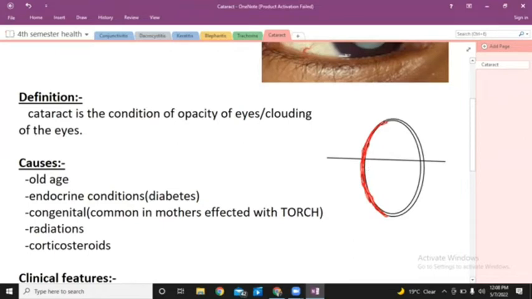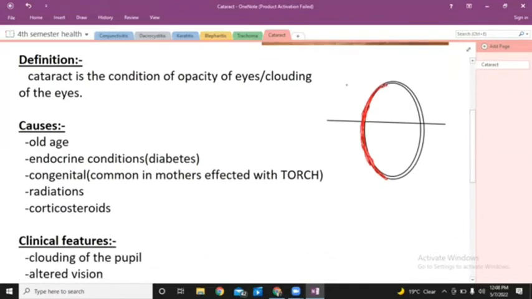So this is the actual pathophysiology of cataract. This is the injury or trauma to these epithelial cells, due to which it forms an opacity and blocks the vision. So this is what we need to understand about the pathophysiology of cataract. This will be the opacity.